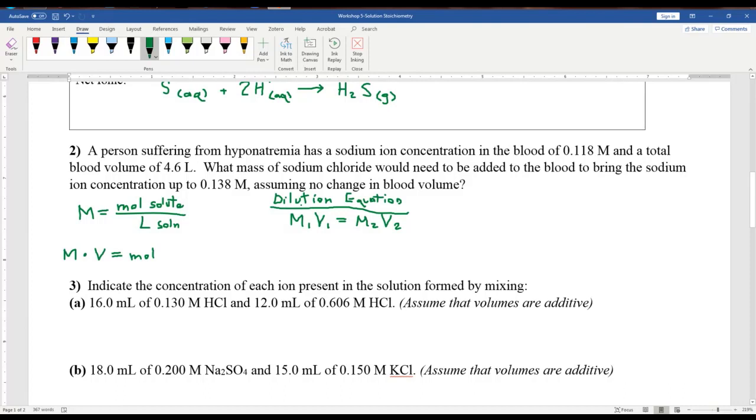Is water being added to the blood? Yeah, it's the sodium chloride that's being added to the blood, right? And sodium chloride is a solute. Since it's a solute, I can't use the dilution equation because the number of moles is changing. The final number of moles is not going to be the same as the initial number of moles. Does that make sense?